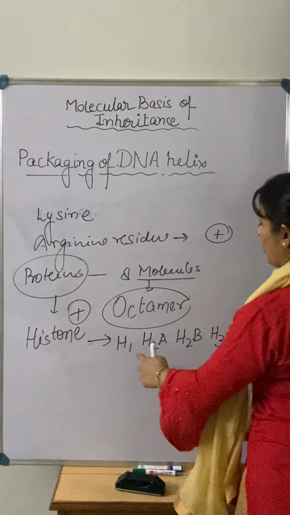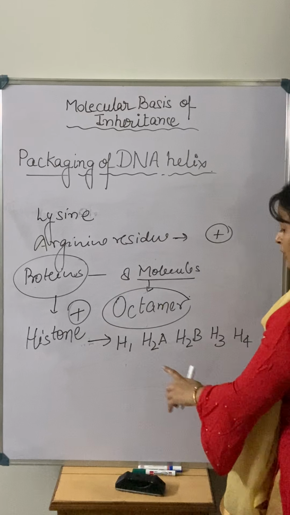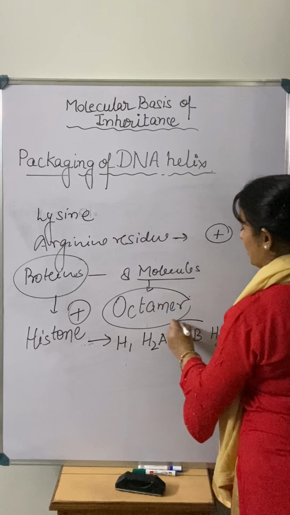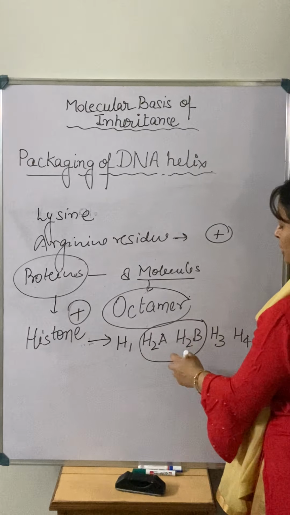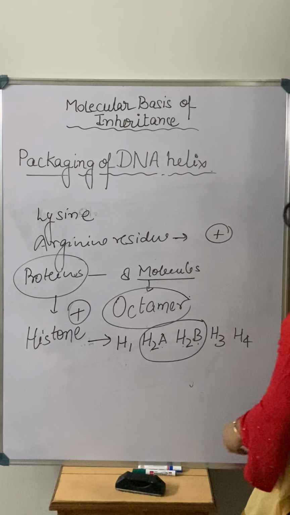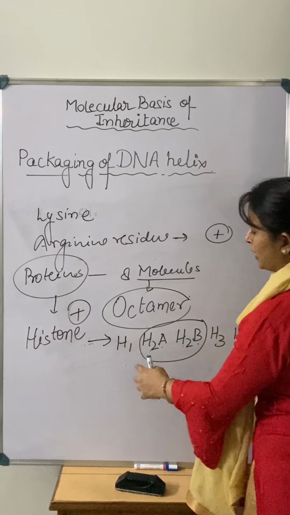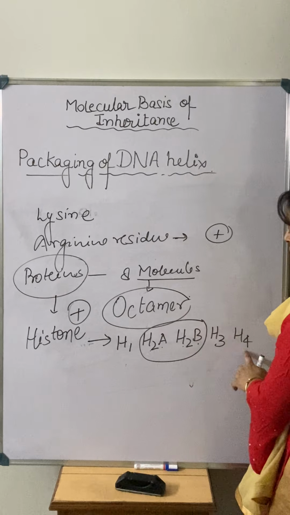Among these, H2 again has 2 types, that is H2A and H2B. So how many are there? 1, 2, 3, 4, 5, right?